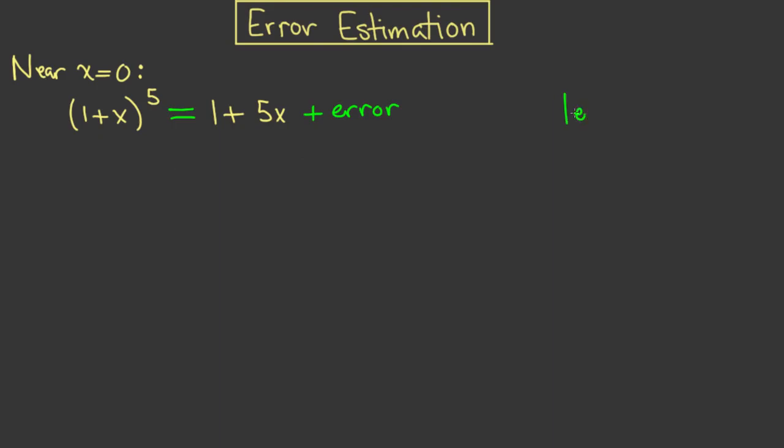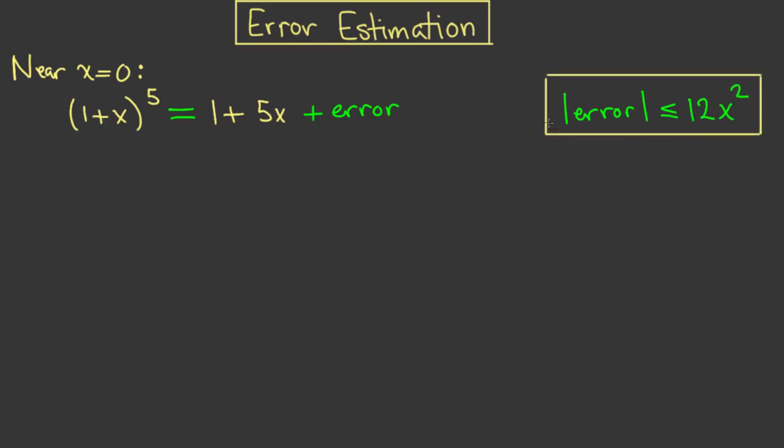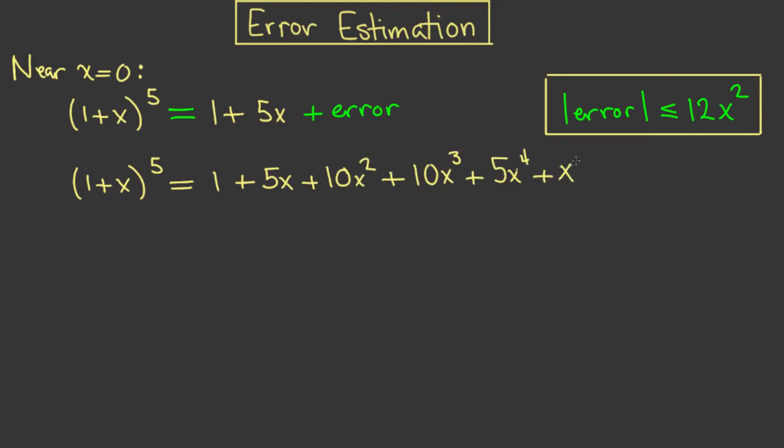What we're going to see is that the absolute value of this error function is actually less than or equal to 12x squared for x near 0. Let's explore this. I chose this example to be completely transparent because I can expand this polynomial by hand and I know exactly what this function is equal to. 1 plus x to the 5th is equal to 1 plus 5x plus 10x squared plus 10x cubed plus 5x to the 4th plus x to the 5th.